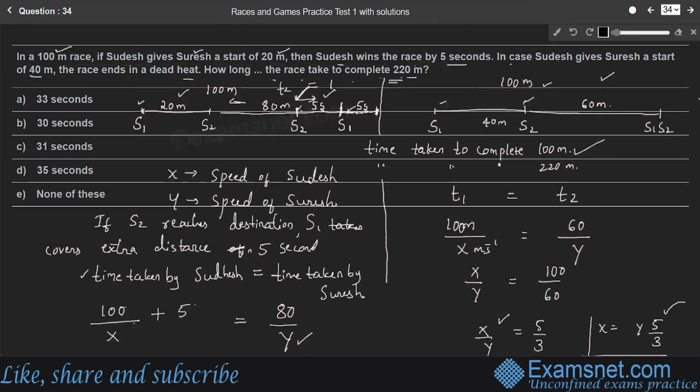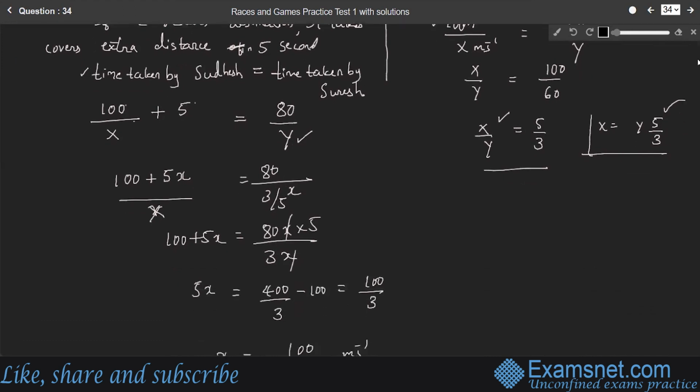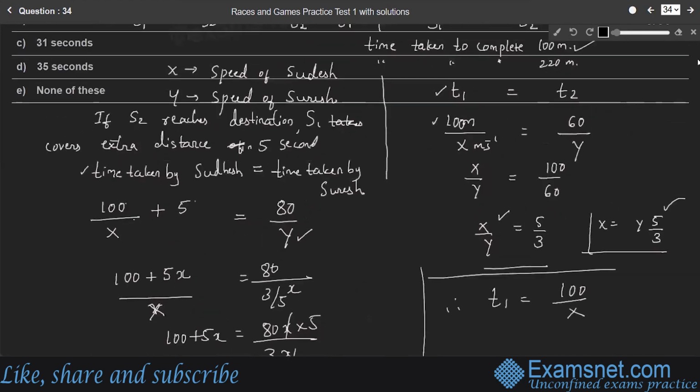Here we need the time taken to complete 100 meter, right? Therefore, we'll consider T1. So Sudesh completes 100 meter in T1 seconds. Therefore, T1 is equal to, so what is T1? Distance by the speed, 100 by x.